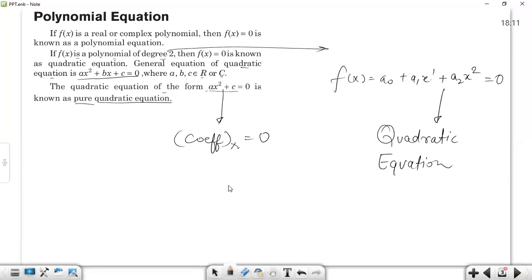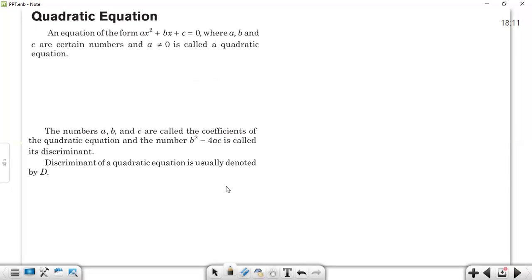Yes, sir. So moving ahead, we have discussed the quadratic equation, and a should not be 0 here, because if a were 0, then the equation would be written like this, and actually it is not a quadratic equation now, it is a linear equation. Why a linear equation? Do you know?